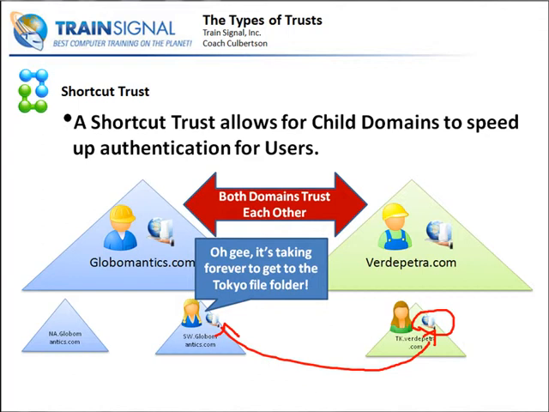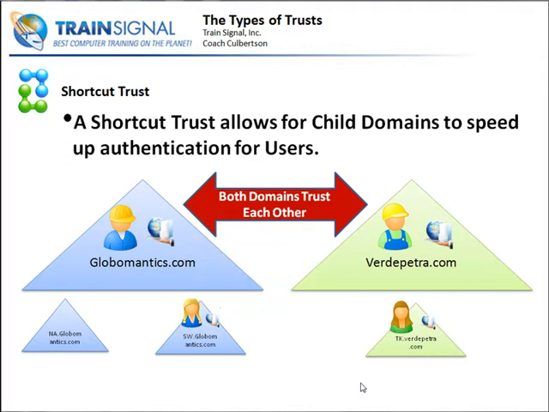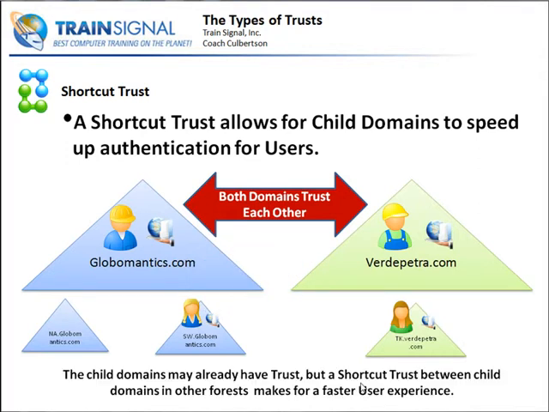So what we can do in order to fix that time lapse in terms of being able to access each other's stuff is create what we call a shortcut trust. Now, even though the trust might be available and that trust might be transitive, a shortcut trust actually simply speeds up the process of authenticating users from other domains, granting them access.